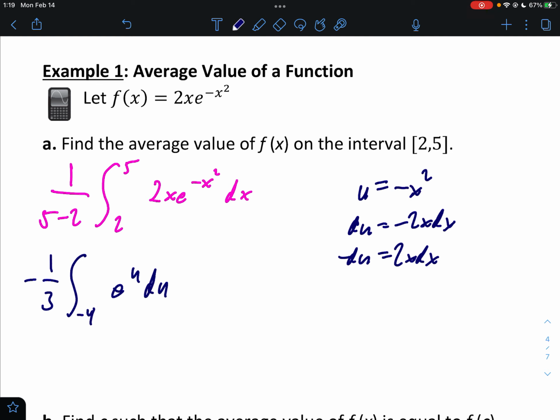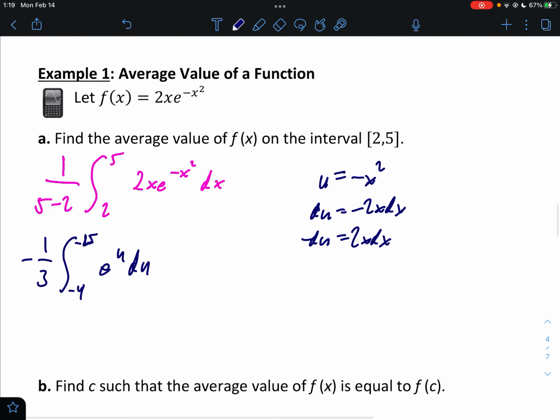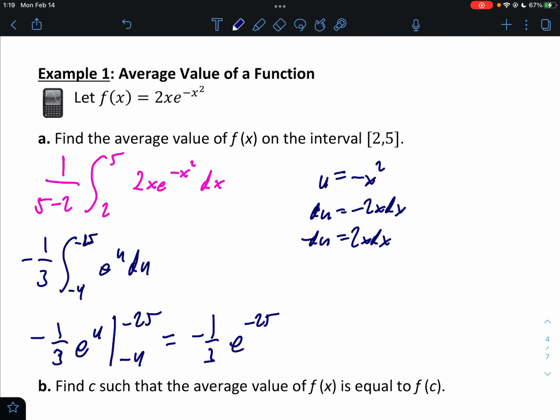If we put 5 in there, we would get negative 25. So taking the antiderivative, we would get negative 1/3 e to the u from negative 4 to negative 25. That would be negative 1/3 e to the negative 25 minus negative 1/3 e to the negative 4th.